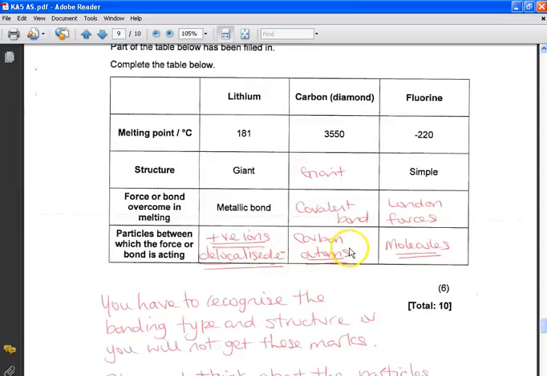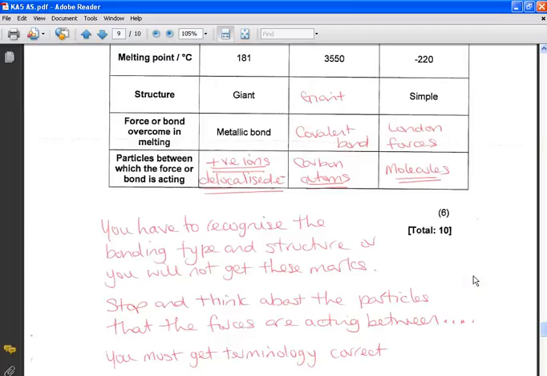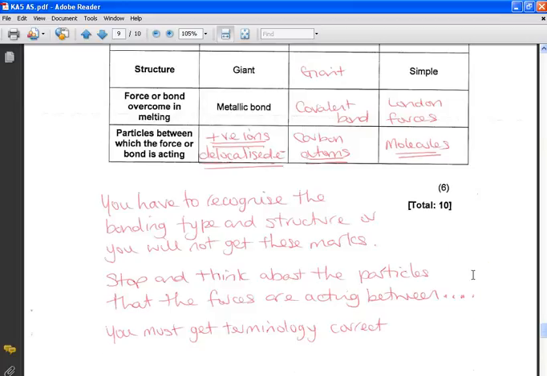In a giant covalent structure, which is in this case a diamond, which is made of carbon, you're going to have covalent bonds between carbon atoms. And here we've got London forces between molecules, and these are keywords, and you would have picked up 6 marks for having those keywords in the correct place. It says down here you must get terminology correct, and it's very important that you do.